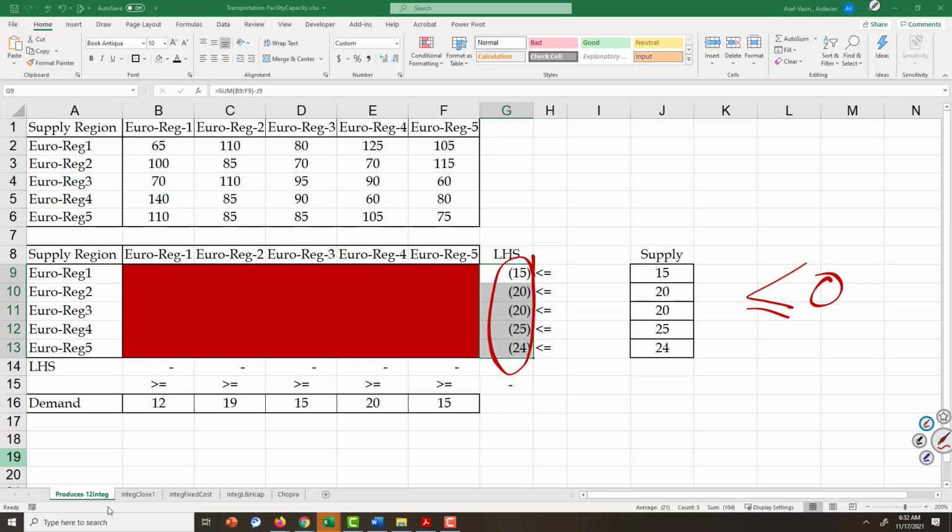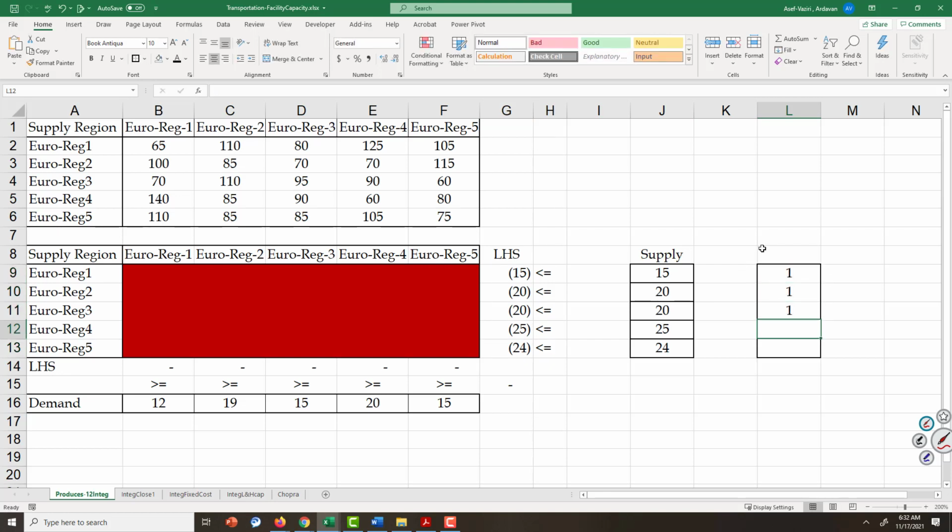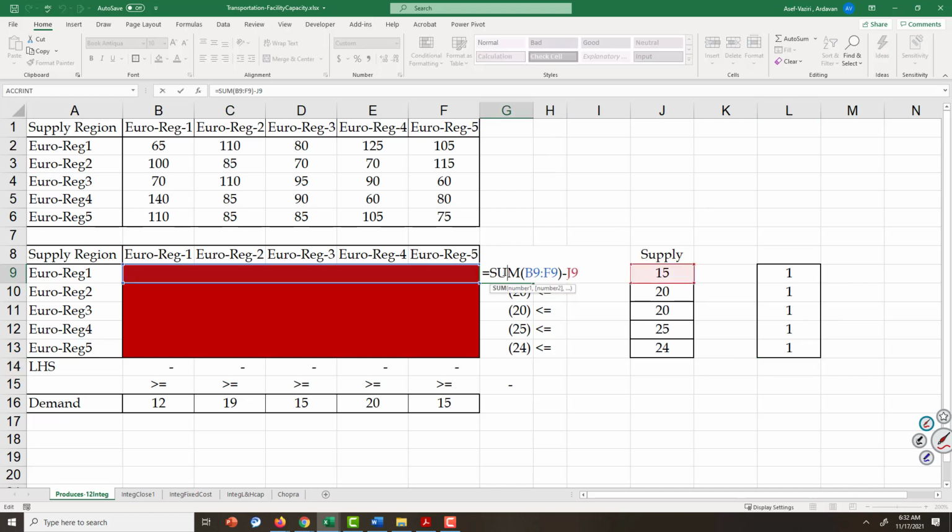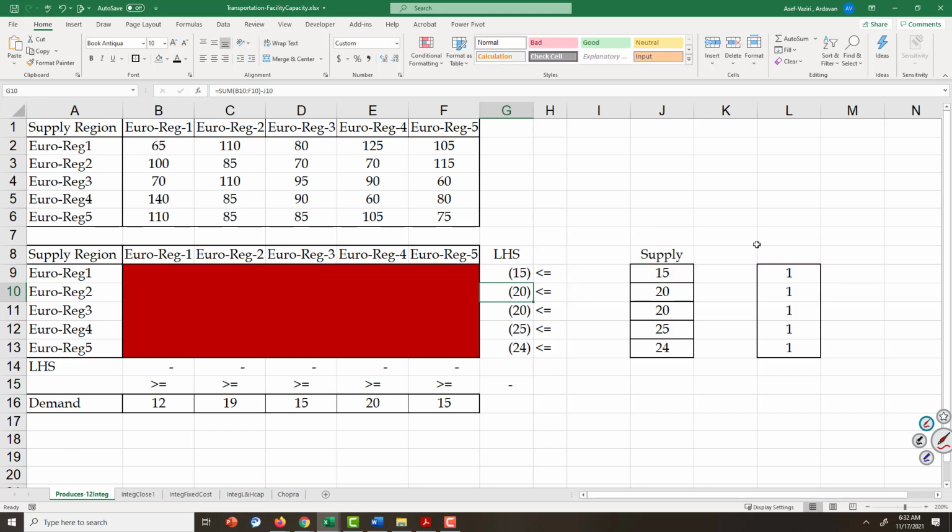So I can go ahead and do that. Furthermore, I can define over there 1, 1, 1, 1, 1. Does it matter if I state that? It should be minus 15 multiplied by 1. It doesn't matter, it's still the same thing.